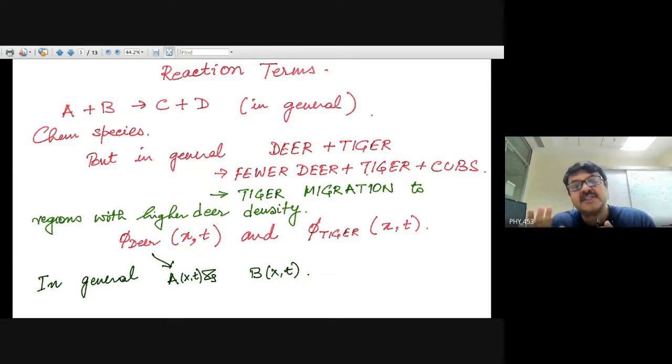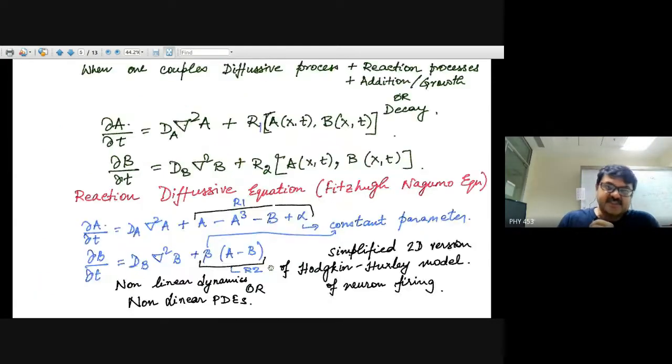So the concentrations of A and B are changing not only as a function of time, but also as a function of space. Or if there are too many tigers at a certain point in space, then the deer might want to migrate out, or spread out, or distribute themselves over the entire forest. So hence A and B are functions of both x and t.